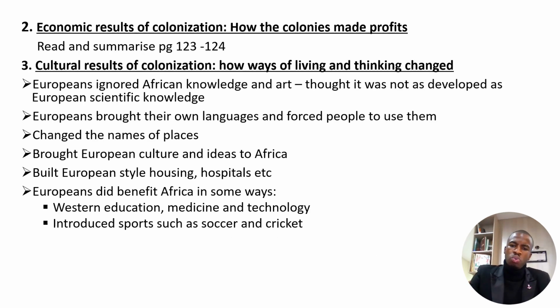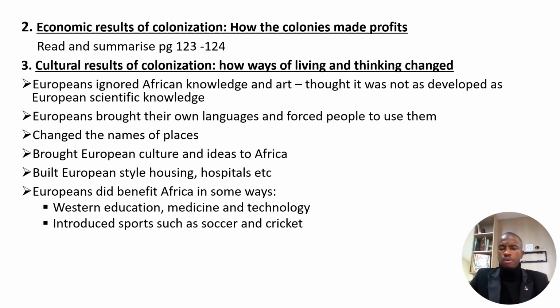Now then, we need to look at the economic results, and as discussed in class, you know where to find them. We spoke about this. However, we should also look at the fact that Africa was now a trading post. Wealth was generated not for Africans, but for European countries through Africa.